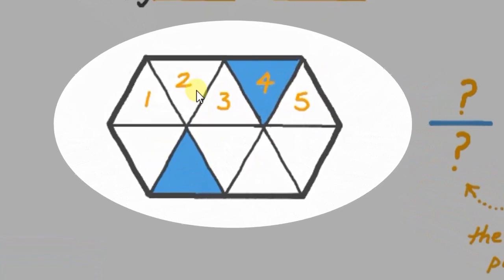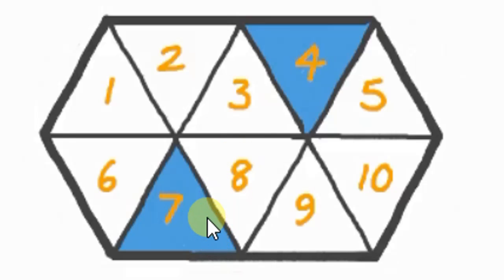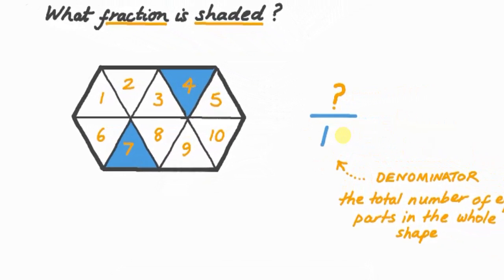There are 5 triangles on the top row and 5 more triangles on the bottom row. Altogether there are 10, so we can say that our hexagon has been split into tenths. That means the denominator must be 10.